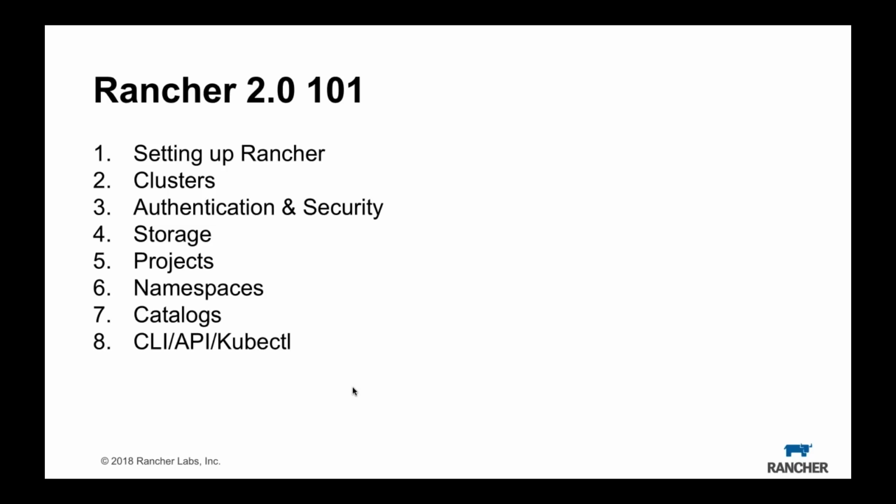RKE is our Kubernetes CLI installation tool. If anyone's ever installed Kubernetes the hard way, which is getting all the components and manually installing them on a bunch of servers by yourself, it's really frustrating. So RKE is just a command line tool to set up a Kubernetes cluster with all of the different command line parameters.